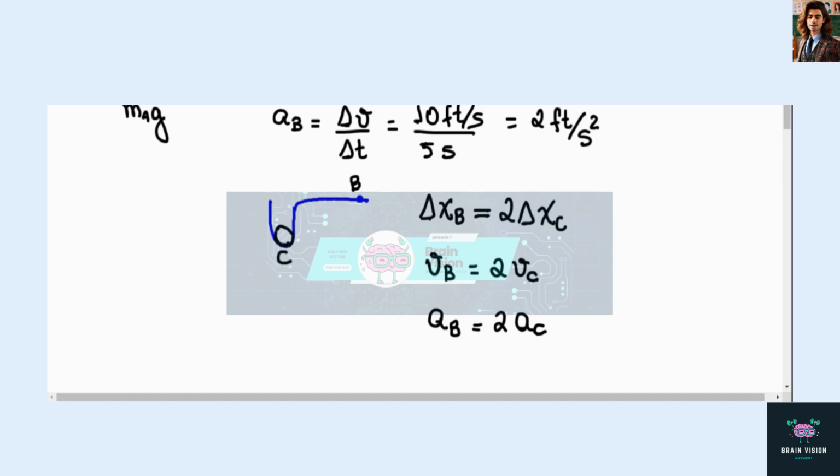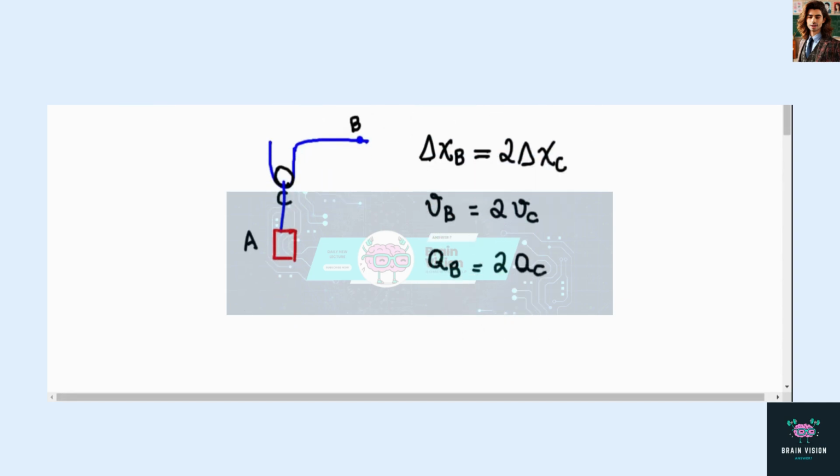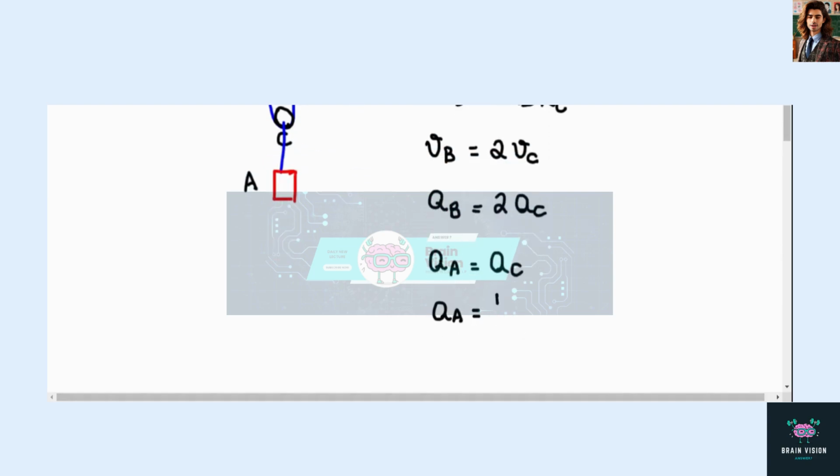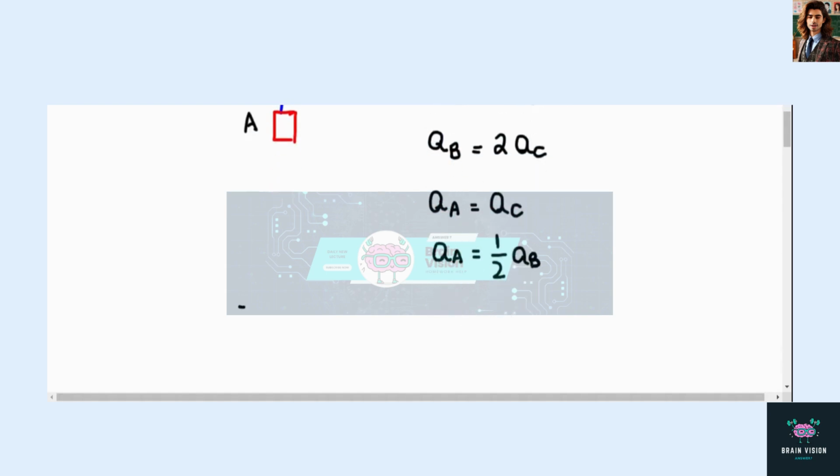Now notice that point C is connected to block A, such that the acceleration of point A is equal to the acceleration of point C. So this means that the acceleration of point A is equal to 1/2 of the acceleration of point B. So the acceleration of point A, which I'm just going to call A, is equal to 10 divided by 2 feet per second squared.